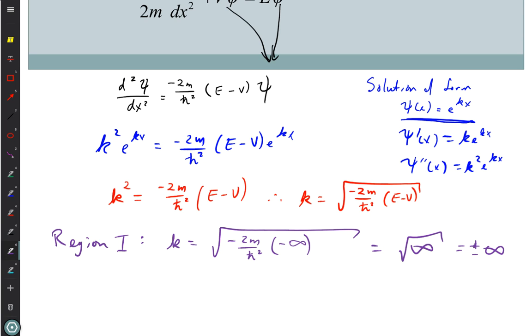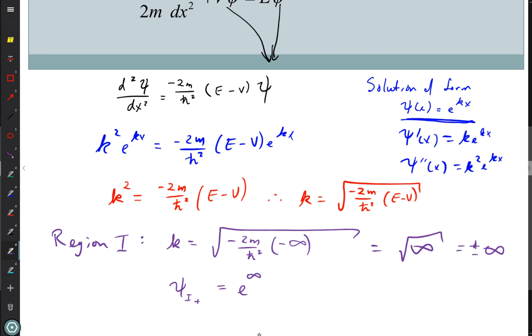I have answer 1, with a plus sign, equal to e to the infinity x. And then I have the second one, e to the minus infinity x.